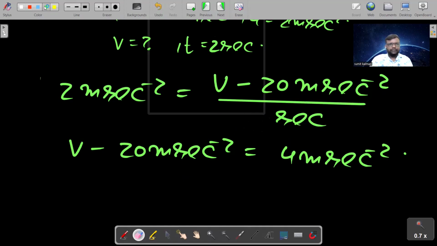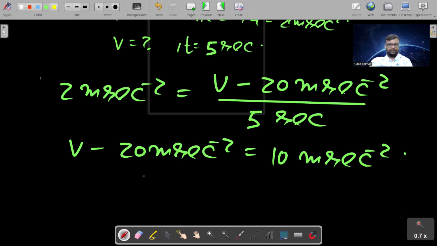I was saying time is 5 seconds. Correct it here also. Time is 5 seconds. So now here, students, if you calculate, it will come out to be 10 meter per second square.